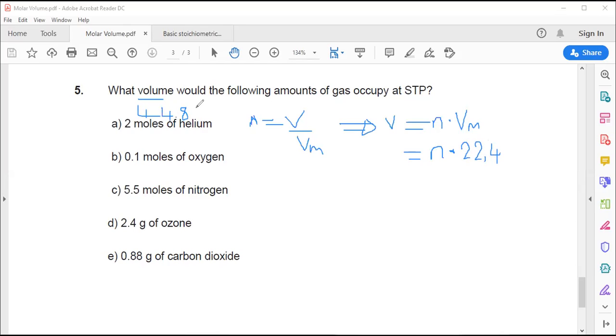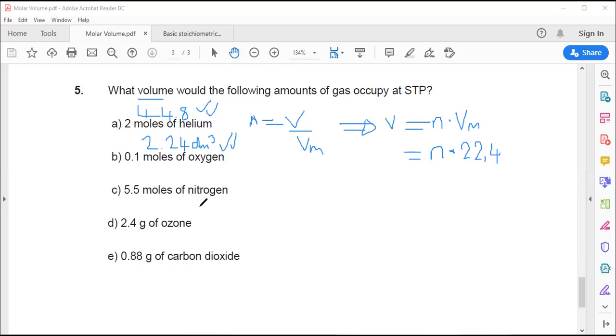You get 2 marks for this. Next one, 0,1. I simply multiply 0,1 multiplied by 22,4. What's the answer? 2,24 cubic decimeters. Please don't forget the units. Cubic decimeters. 2 marks for this.